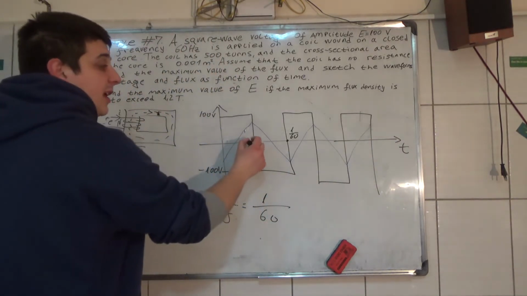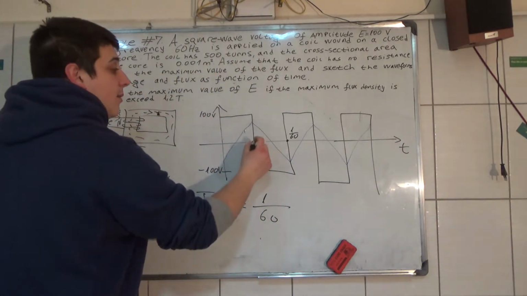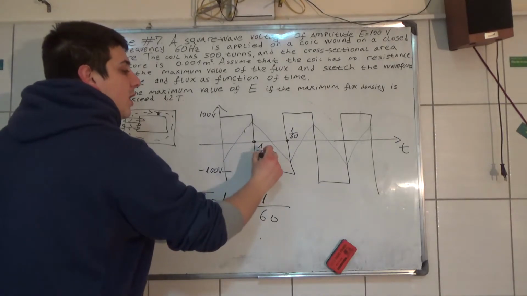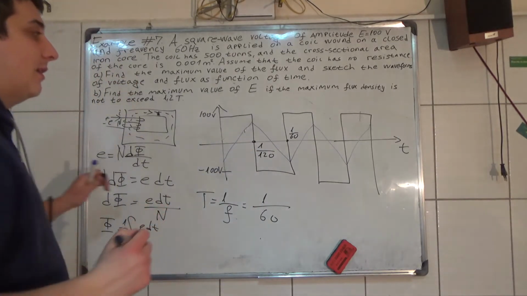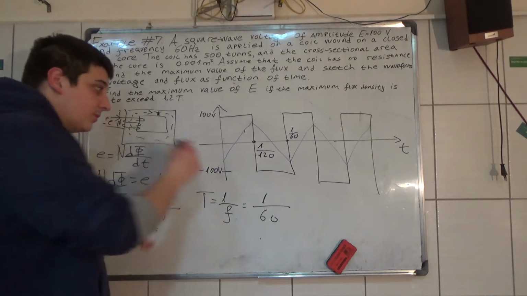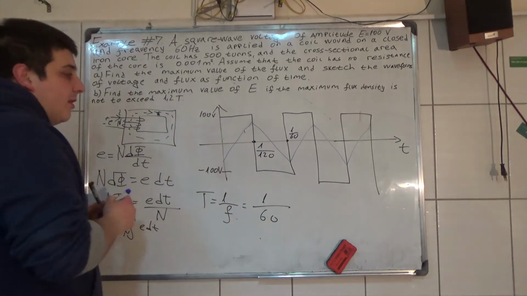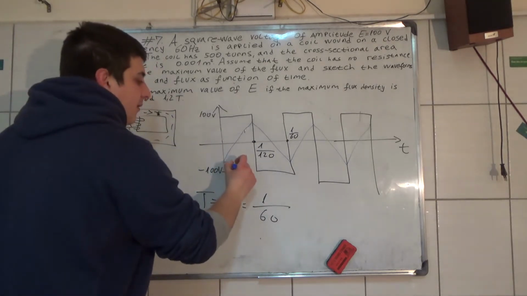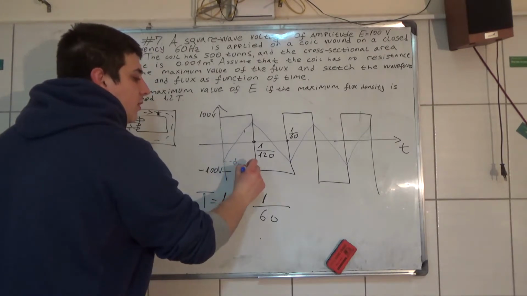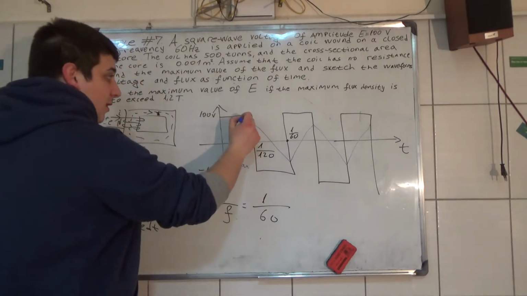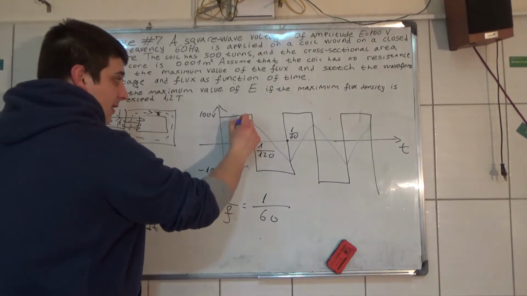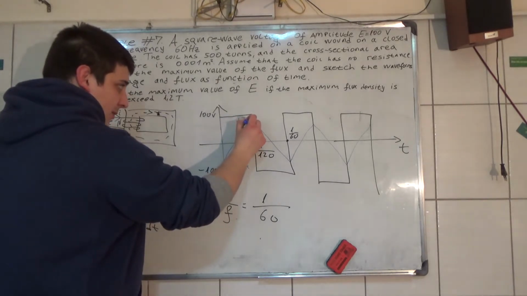But here is a half period, so here we have 1 divided by 120. Here we have minus flux maximum, and here we have plus flux maximum.